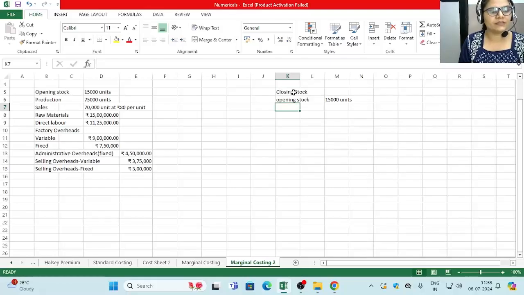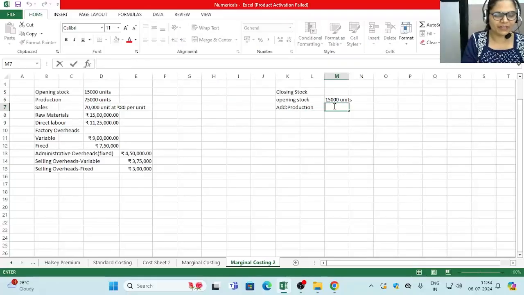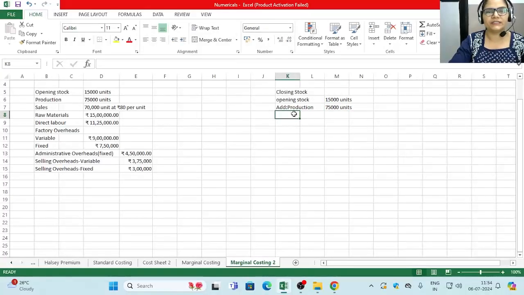Next is add production. How much production have we done? Opening stock was 15,000 units. Production we have done for the year was 75,000 units. And these are the goods available for sale.